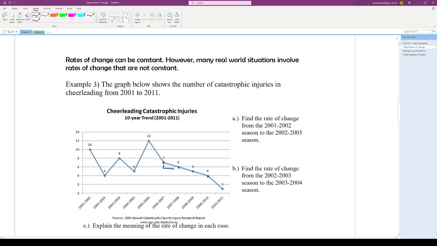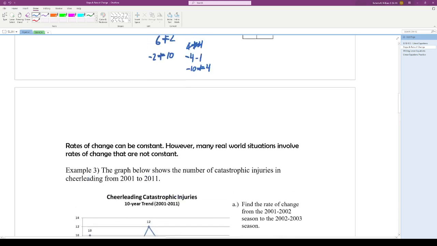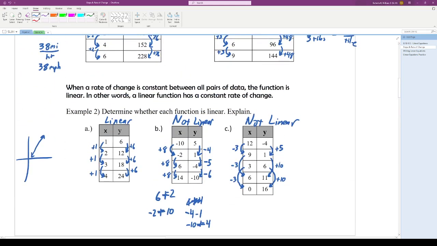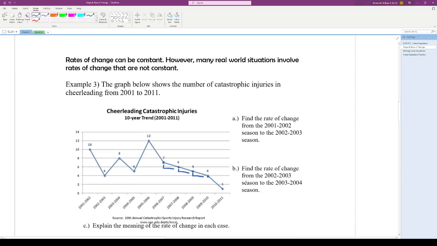Our rise over run here is the same for all three of these steps. But then if we look at a different step throughout this whole data set, we'll see that they're not all that same one. So back where we were just looking on this chart, we can have some the same, but if any are different, then the entire function is not one linear cohesive thing.